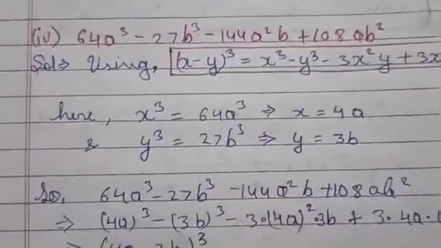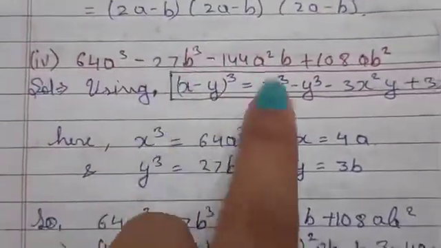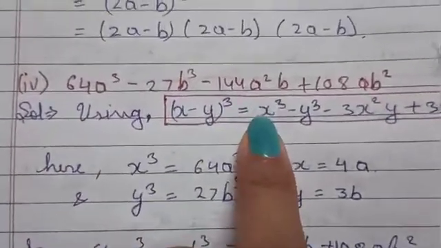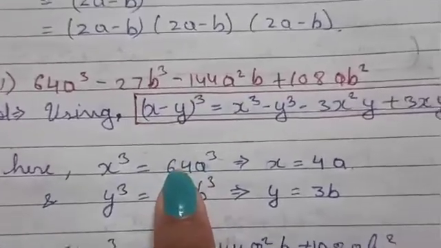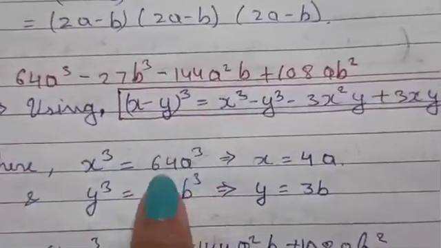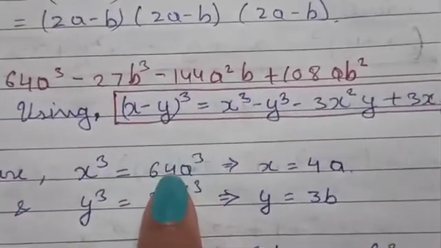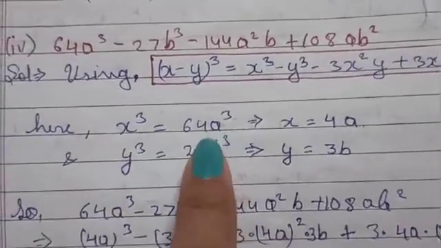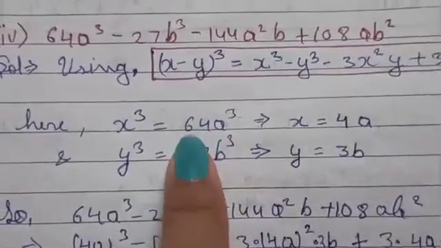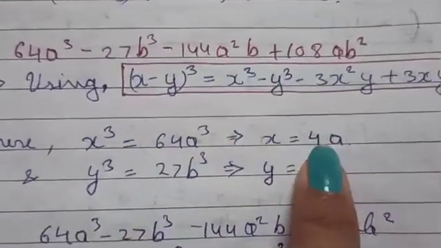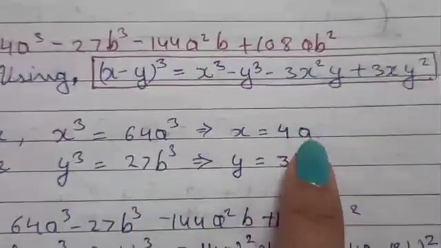Now for this expression, in place of x cube we have 64a cube. We have to find its cube root. 64 is the cube of 4, so the cube root of 64 is 4 and the cube root of a cube is a.